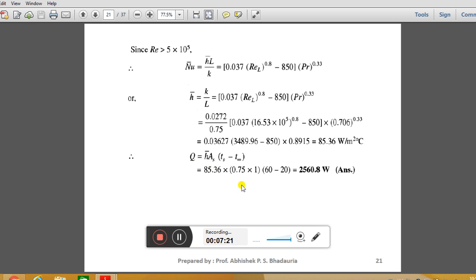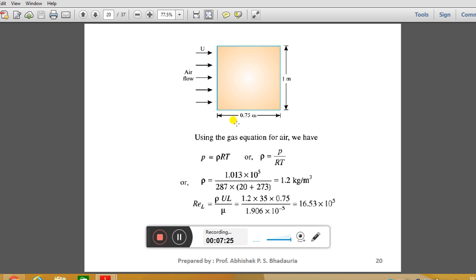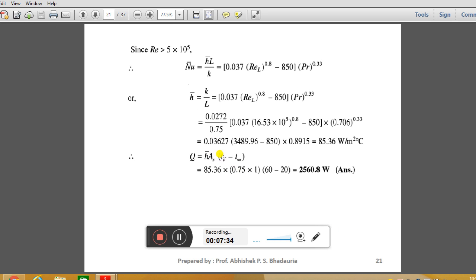This is a plate, and the dimension is 0.75 meter long and 1 meter wide, so 0.75 into 1, and then delta T, that is Ts minus T infinity. The surface temperature is 60 and the ambient temperature is 20. So you feed the values, and you can calculate the heat transfer rate. So this is the answer, 2560.8 watt.